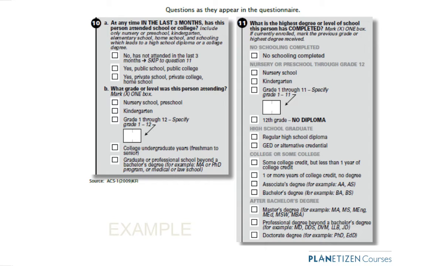Nursery, preschool, kindergarten, homeschooling is included, or schooling which leads to a high school diploma or a college degree. Now, this does not include a correspondence course on art or some other types of training that you might be doing that doesn't lead to a degree or a high school degree. So they're defining these topics in the questions.